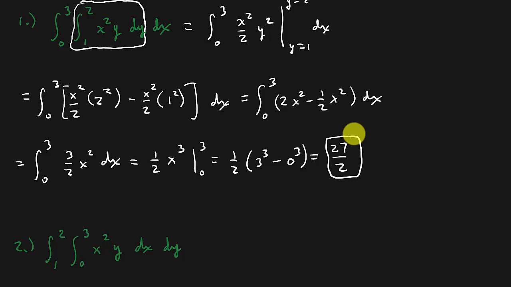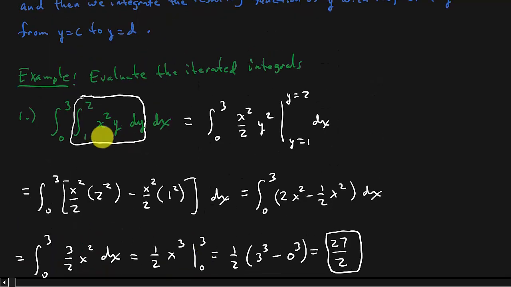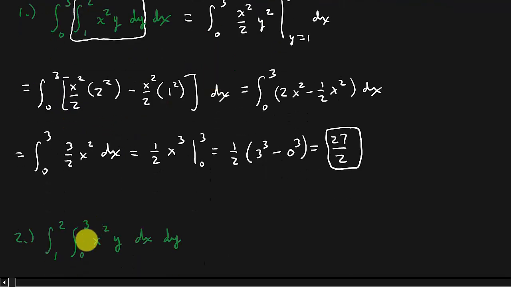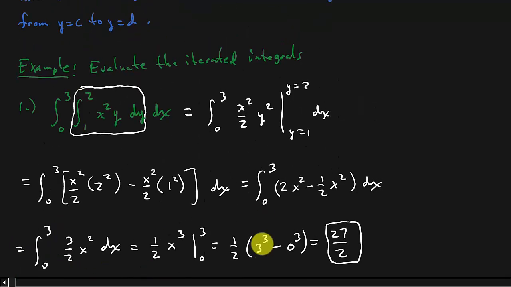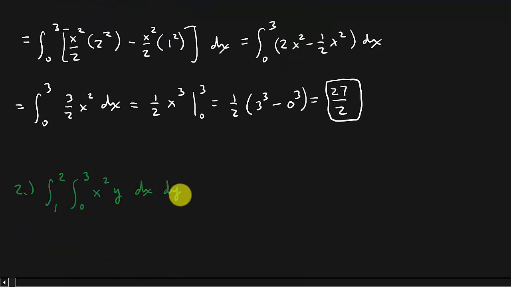All right. So what do we want to do now? Well, we want to work another example. Now, wow, this looks familiar, doesn't it? Look at that, x squared y, x squared y. And look, 3, 0, 2, 1, 3, 0, 2, 1. dy dx, dx dy.